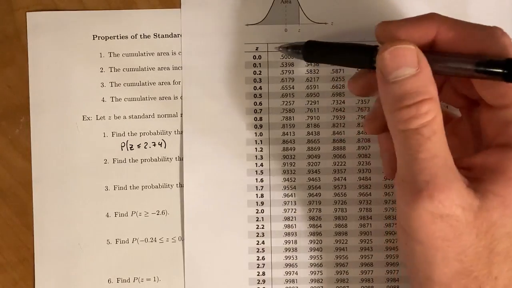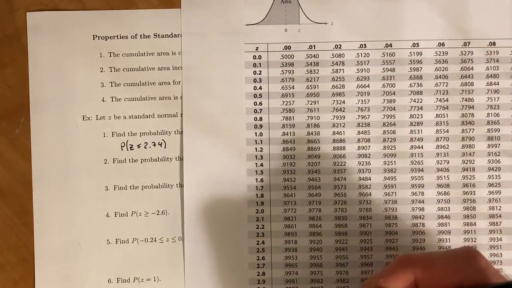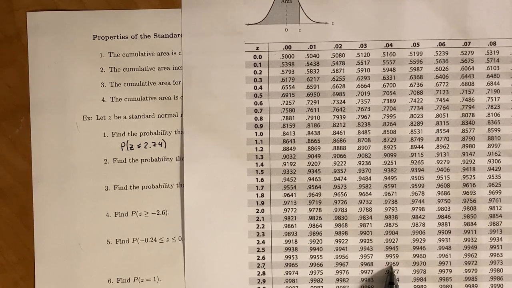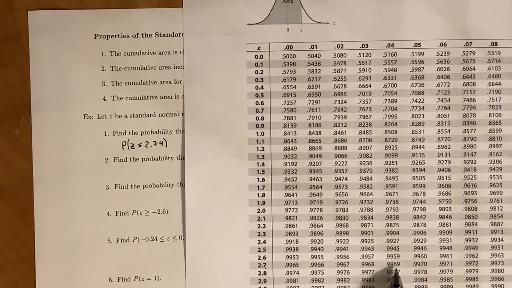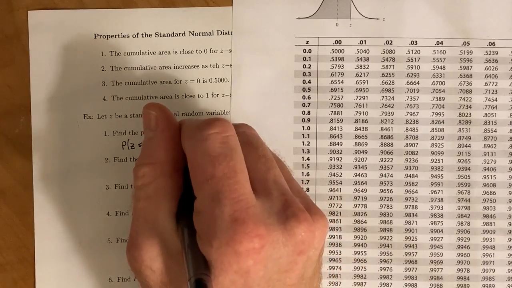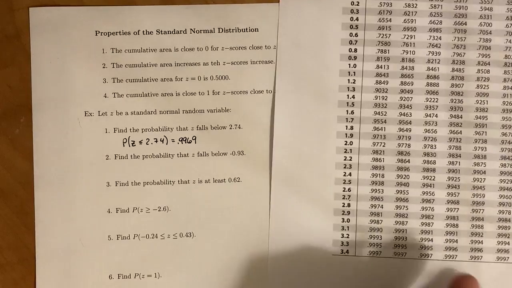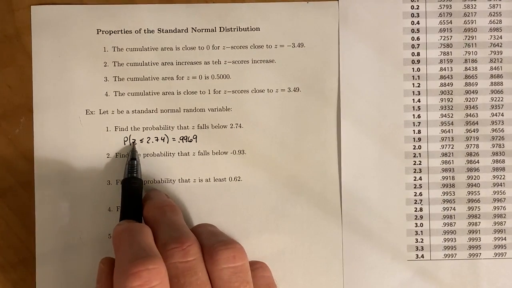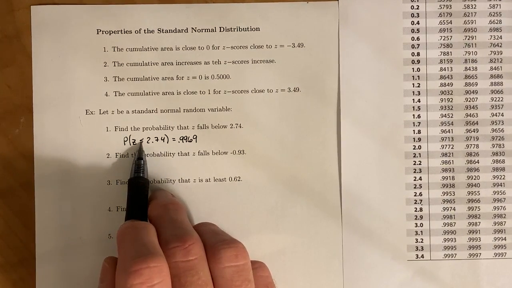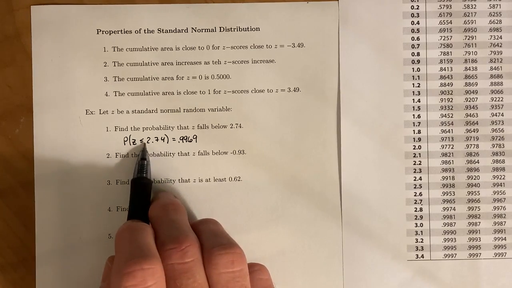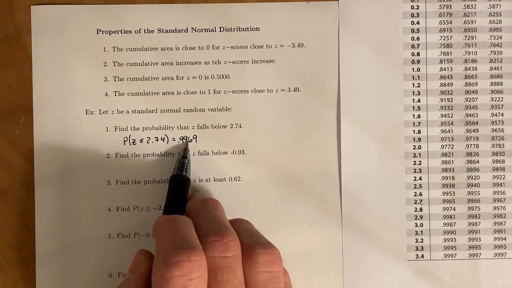We find in this leftmost column 2.7, and then we go over to the column that is marked 0.04, and we end up getting 0.9969. So that is our answer here, 0.9969. All right, so the probability that your z-score is less than or equal to 2.74 standard deviations above the mean is about 99.69%.